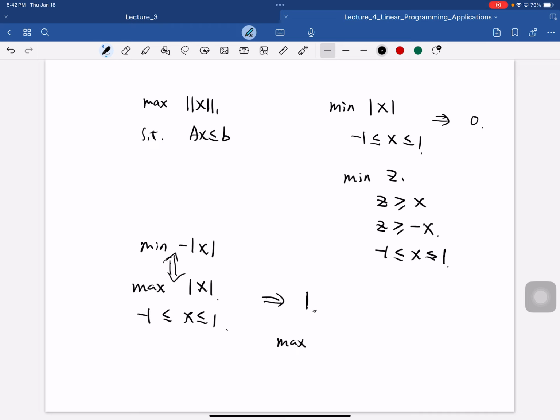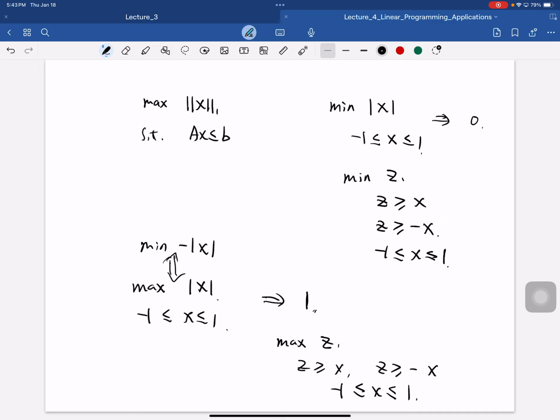So you'll find out quickly that this problem is not linear programming representable, because it is a maximization over absolute value. Let's say we haven't changed the constraint. We only changed the objective. Let's say we do the same trick: we are maximizing z, and z is greater than or equal to x, z is greater than or equal to minus x, and x is between -1 and 1.